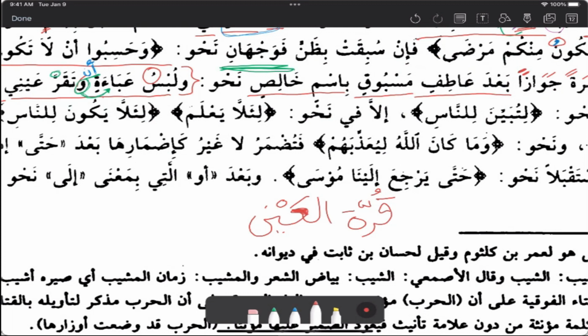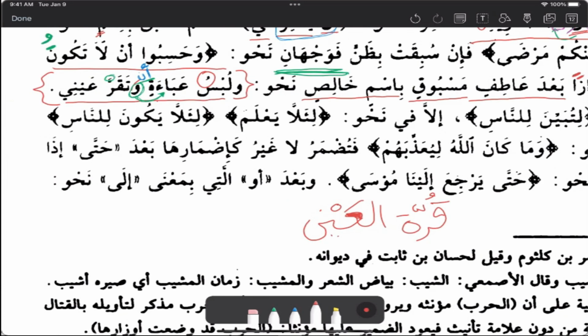You could say with plural, qurratu ayun. That's in the Quran: فَلَا تَعْلَمُ نَفْسٌ مَا أُخْفِيَ لَهُم مِّن قُرَّةِ أَعْيُنٍ. No soul knows what is stashed away for it in paradise of what pleases the eyes. So, qurratul ayn, here's the verb: وَأَن تَقَرَّ عَيْنِي. And that my eye would be happy.